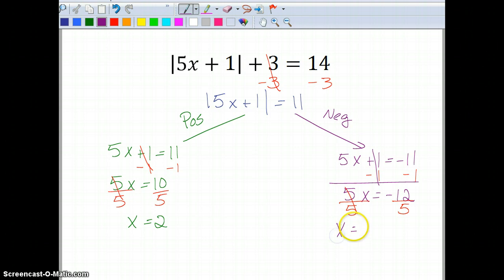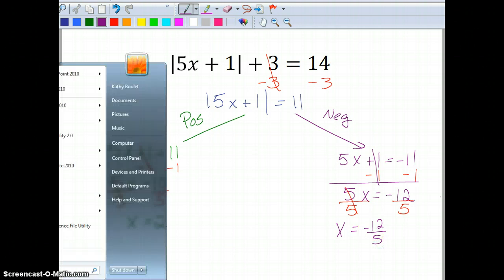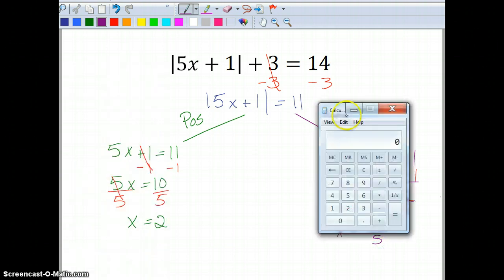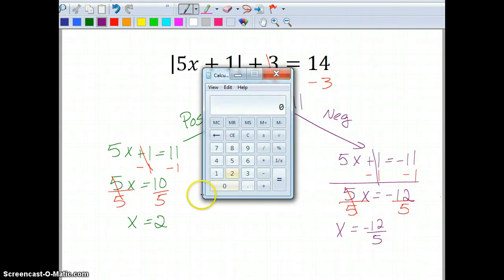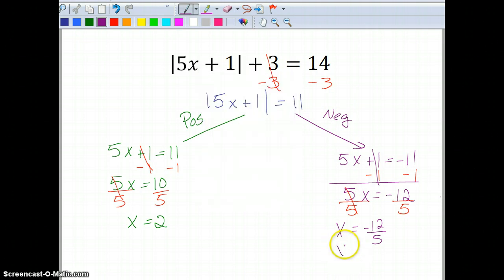So now I get x is equal to negative 12 over 5. And if you would like to write that as a decimal, 12 divided by 5 is 2.4. So x is equal to negative 2.4. And that would be your solution.